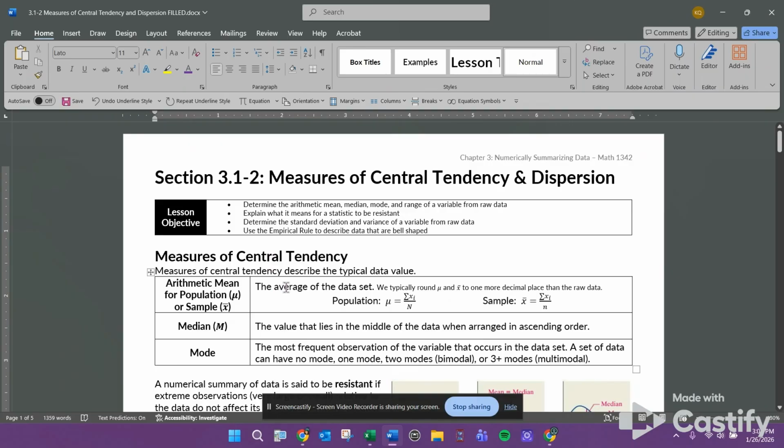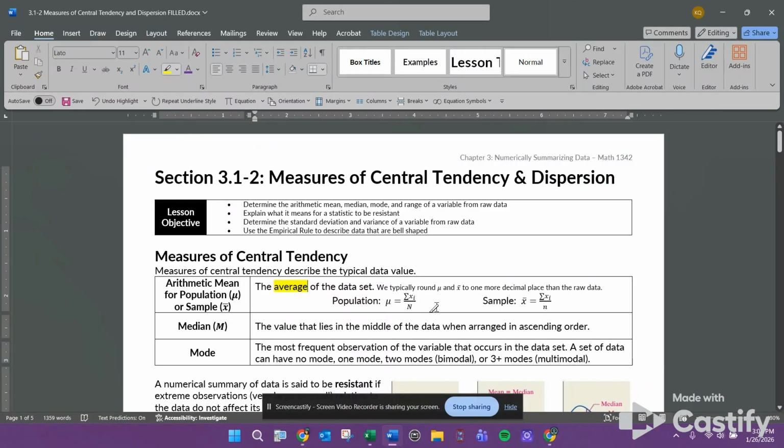We have the arithmetic mean for a population or sample, which is the average of the data set. You can see in the formulas that the population average, or population mean, is represented by the Greek letter mu, and it is the sum of all data entries divided by the population size.